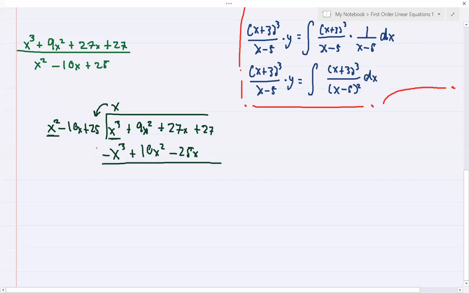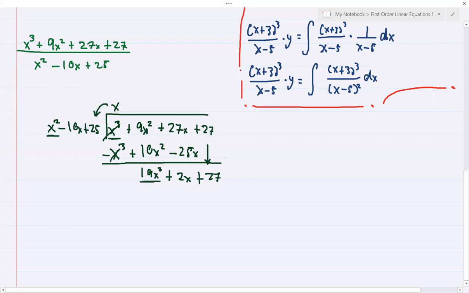Now let's combine: x cubed minus x cubed cancels out. 9x squared plus 10x squared, we have 19x squared. 27x minus 25x, we will have plus 2x. Then bring down 27.